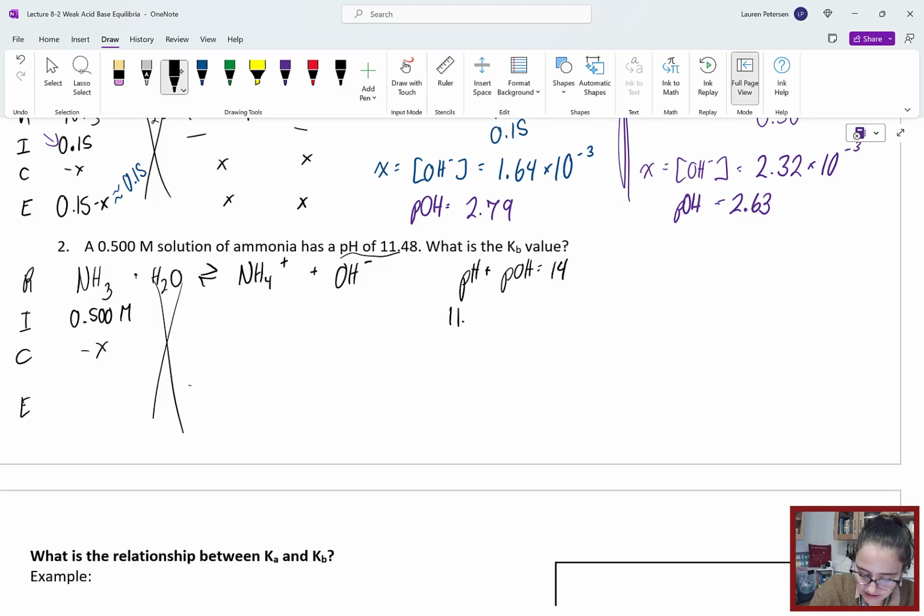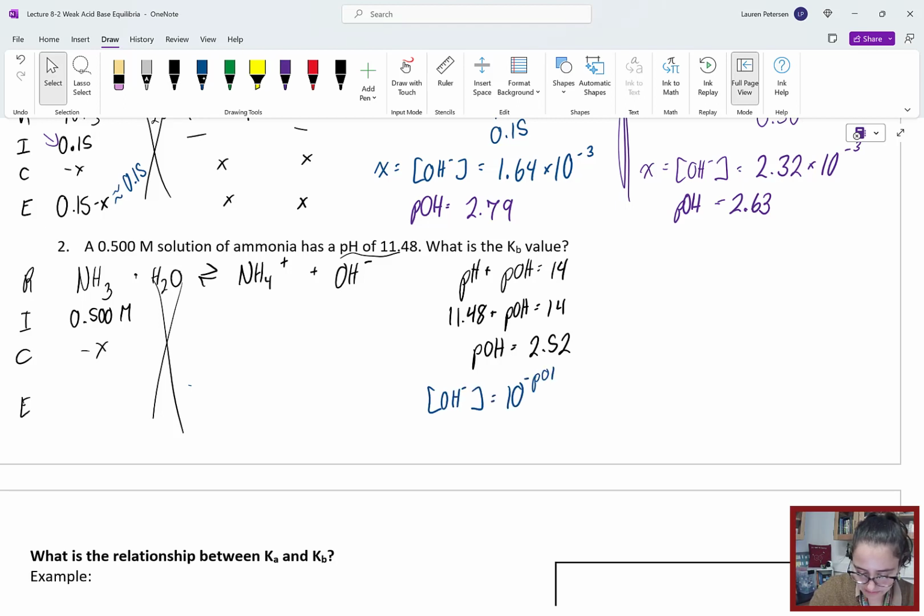So if we have a pH of 11.48, we know the pOH is going to be 14 minus 11.48, 2.52. So then if we want the concentration of OH minus, it's going to be equal to 10 to the negative pOH. So we got 10 to the negative 2.52, which gives us our OH concentration of 3.0199 times 10 to the negative 3 molar.